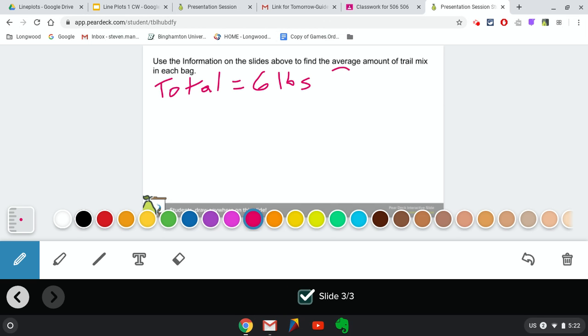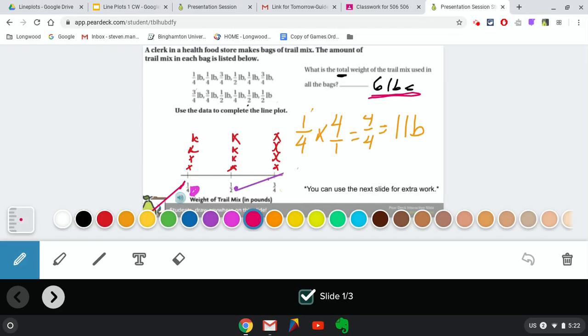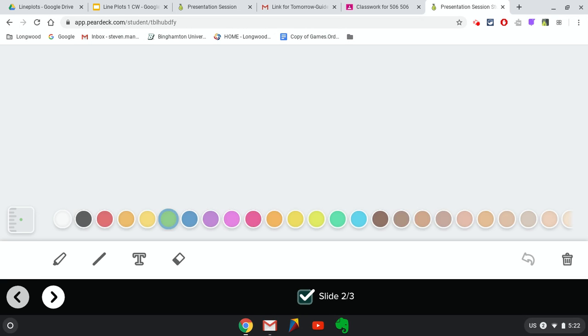Now we're going to find the average, okay? For us to find the average, all we need to do is go back and take a look at our chart. And we're going to count up how many X's there are in our chart. So if I do that here, 1, 2, 3, 4, 5, 6, 7, 8, 9, 10, 11, 12. There are 12 X's on our chart.